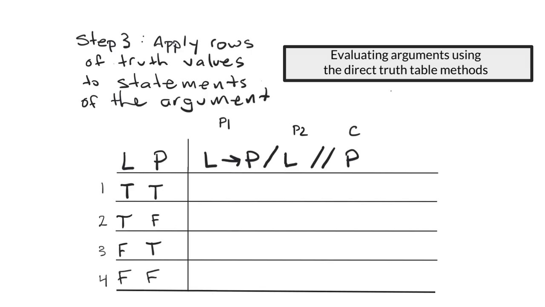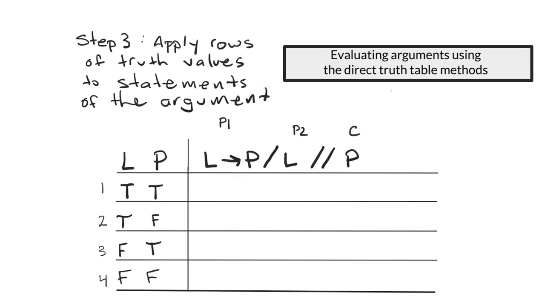And I remember that a conditional statement is true at all times except when the antecedent, the first statement, is true, and the consequent, the second statement to the right of the arrow, is false. And that's row 2. All other times, it's true. So I'm just going to plug in those truth values under the main operator, the arrow, according to that rule.